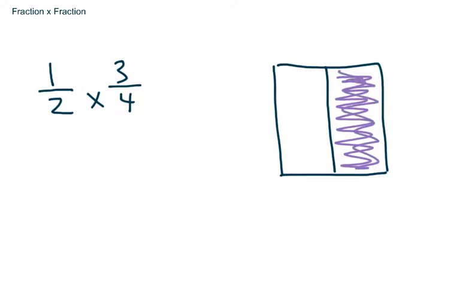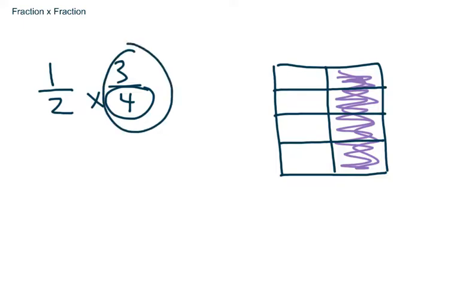Next, I'm going to split my model going the other way into 4ths. 1, 2, 3, 4. And I'm going to shade 3 of those 4, going the other way. Just like with decimals, our answer comes here in the overlapped part.